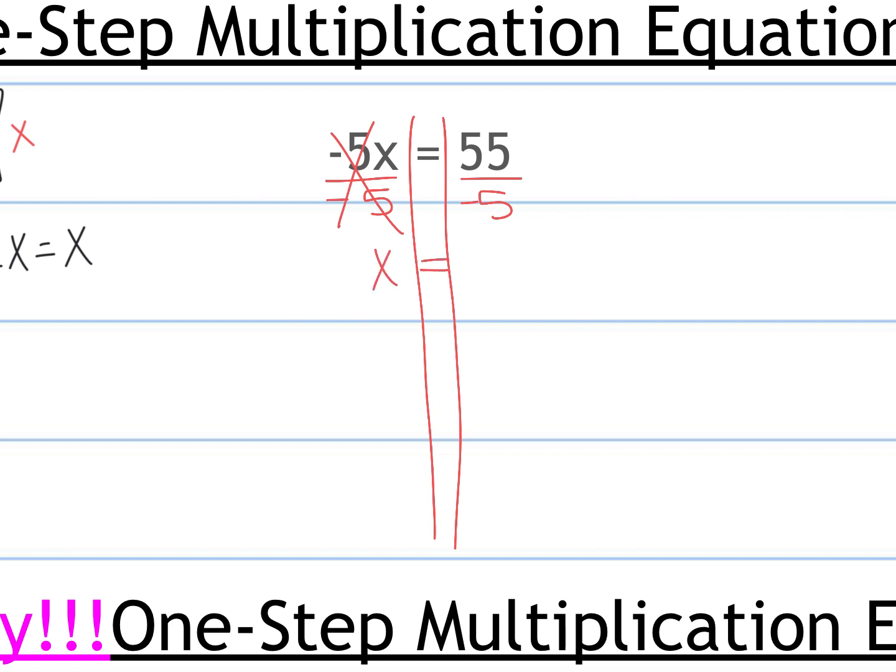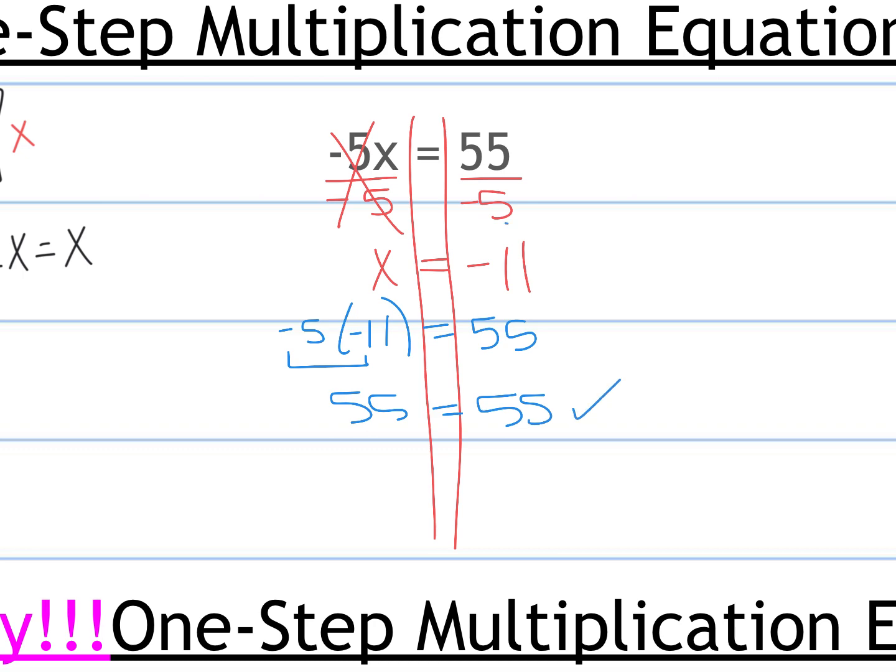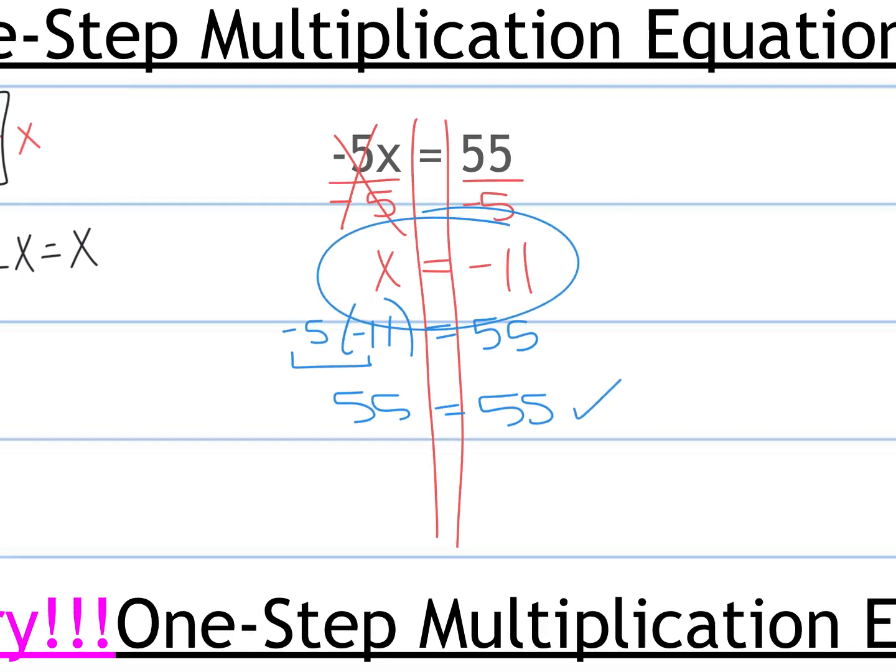And then 55 divided by negative 5 is going to be negative 11. Different signs means negative. So then we check. Negative 5 times negative 11 equals 55 because same signs equals positive. And then 55 equals 55, which checks. So then we have x equals negative 11.